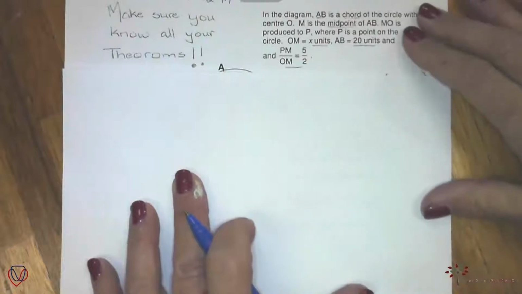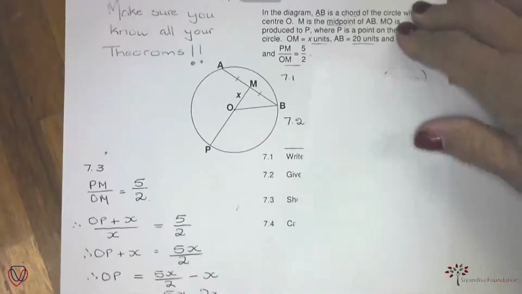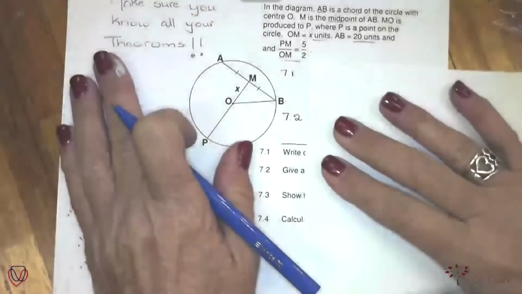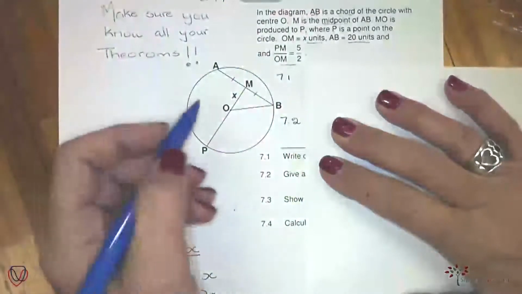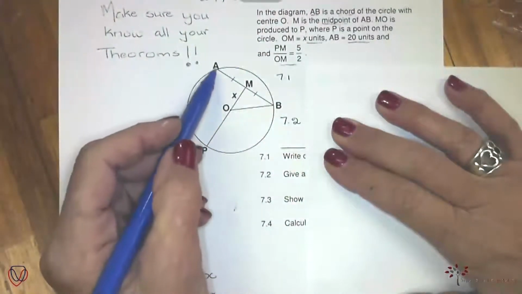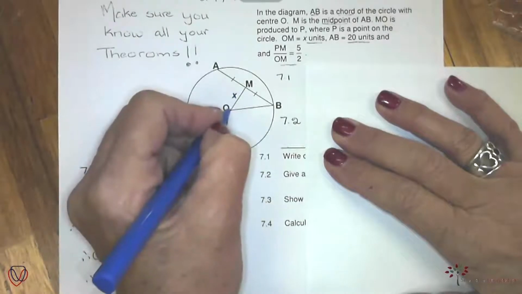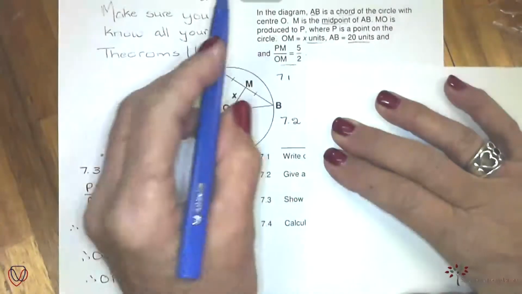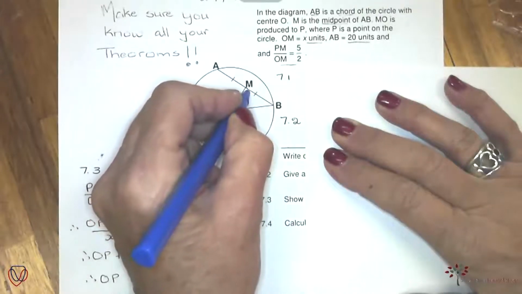Question 7. In the diagram, close that one first so you don't see the answer immediately. In the diagram, AB is a chord of the circle with center O. M is the midpoint of AB. So what do you know about this angle here?